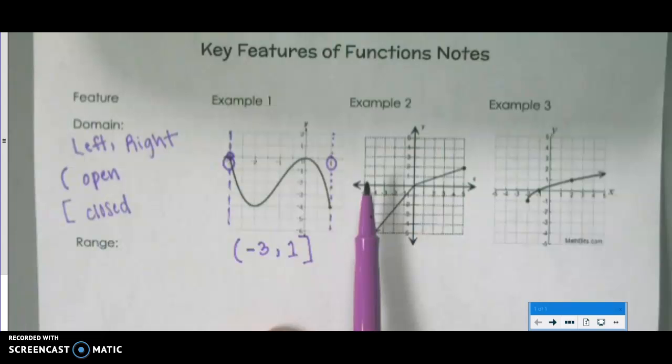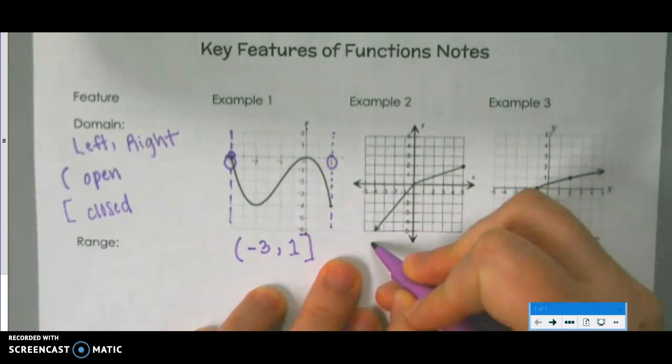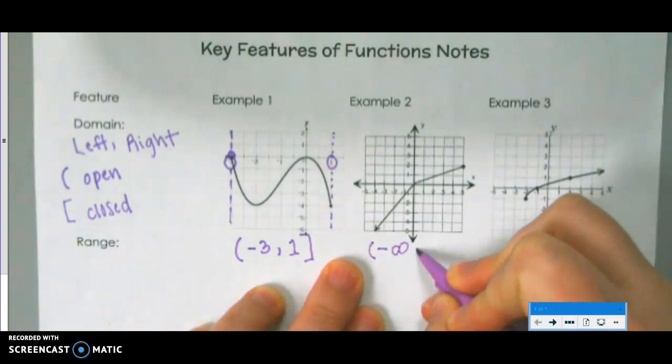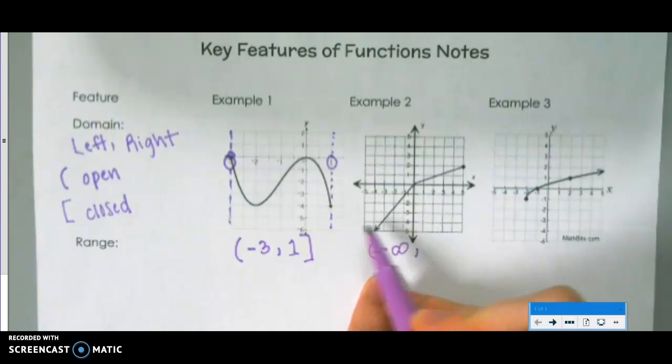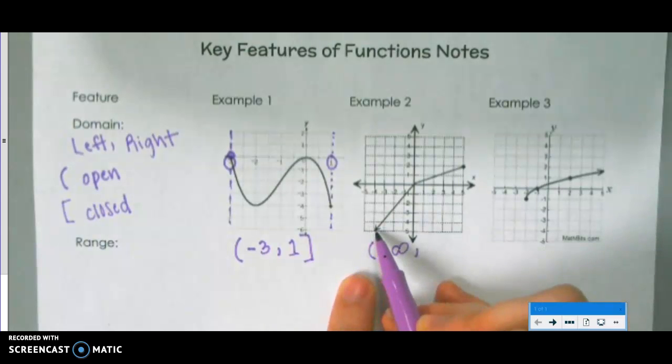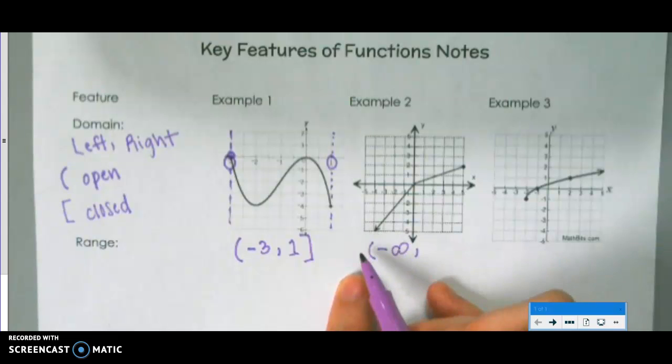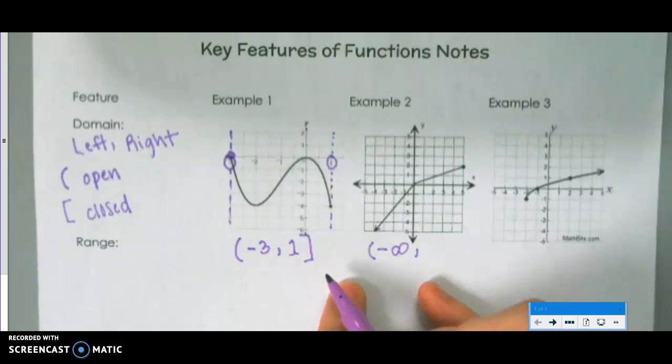So any arrow that is going to the left is negative infinity because the left is negative on this graph. So this graph will continue to the left forever and ever and ever, even though it's easy to see that this is pointing down. But if I were to try to plot the next point, I would have to go left, down, left, down, left, down. So I am going to the left.